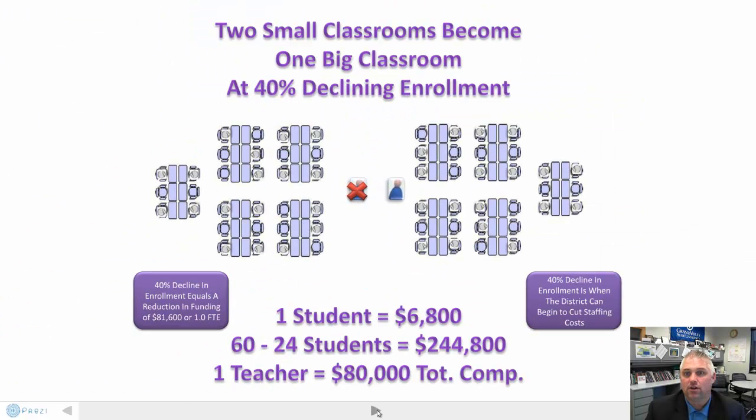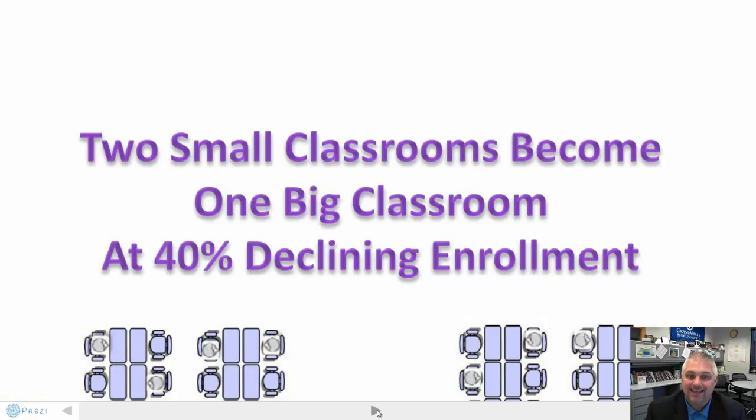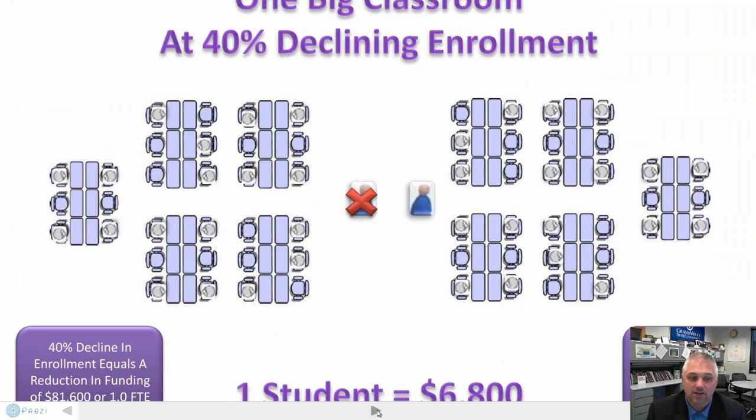Now, let's take a look at when we can actually make a fiscal adjustment. I can't condense 2 small classrooms into one until I get to a 40% declining enrollment mark. So if you take a look at this, I still have to offer 2 teachers until I get it down to 40% declining enrollment.